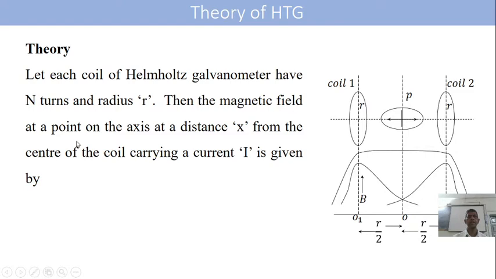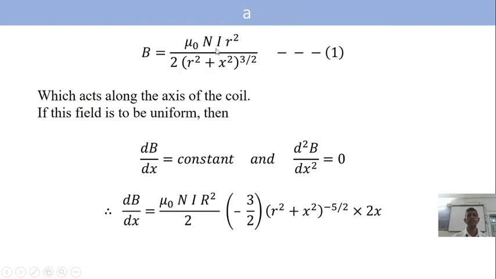Then the magnetic field at a point on the axis at a distance x from the center of the coil carrying current I is given by B is equal to mu naught N I r square divided by 2 into r square plus x square all to the power of 3 by 2. This is equation 1. So this magnetic field acts along the axis of the coil.